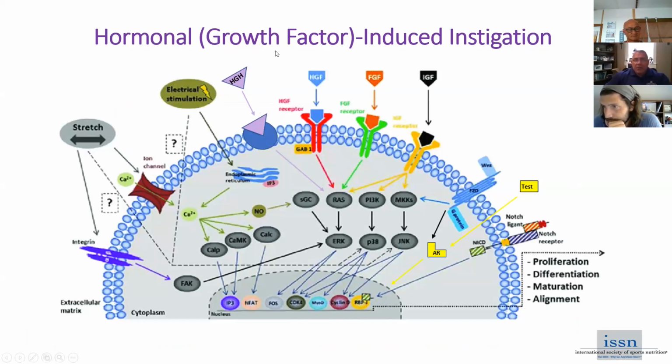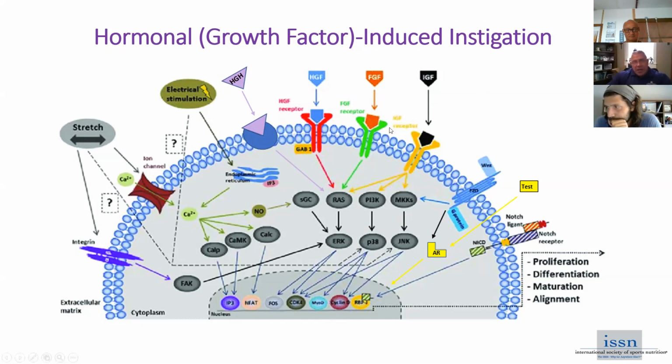So this obviously is very, very busy, but all I want to do is show some of the hormonal or growth factor induced instigation. Of course, here are the components relative to mechanotransduction, and of course, it ends up being combined with our hormonal components. But here we've got human growth hormone, for instance, insulin-like growth factor 1, hepatocyte growth factor, FGF, particularly HGF, which is involved to some extent in the myogenic cascade.